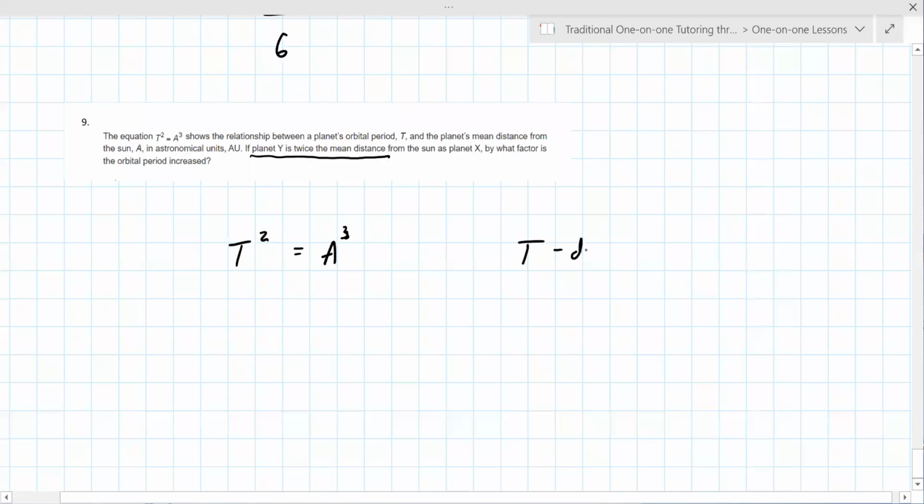So t is the distance, and a is these units, astronomical units, which aren't all that important. But it's telling you t goes to 2t.